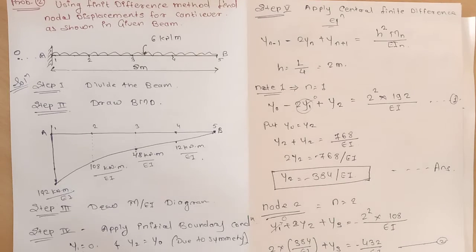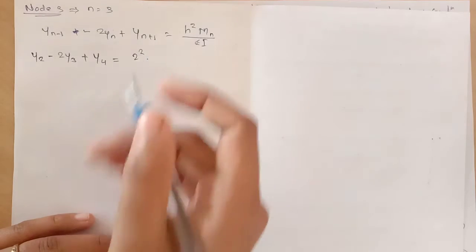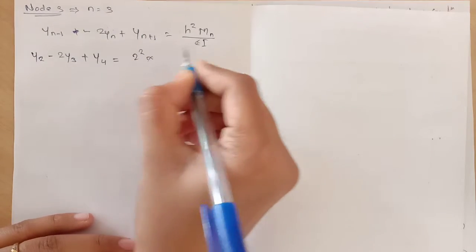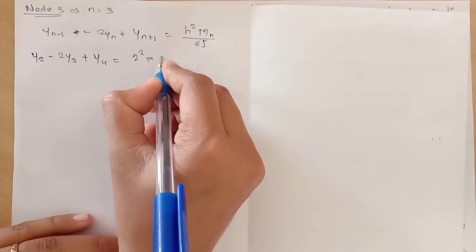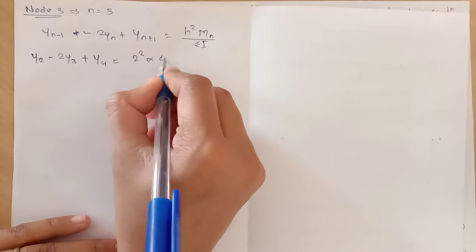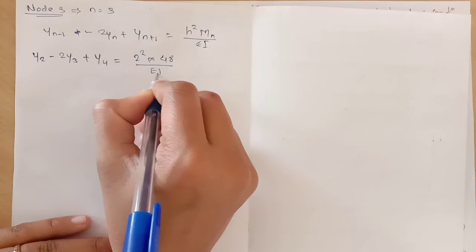You can see in the bending moment diagram that the moment at the third nodal point is 48 and the moment at the fourth nodal point is 12. So here the moment at the third nodal point is 48 divided by EI.